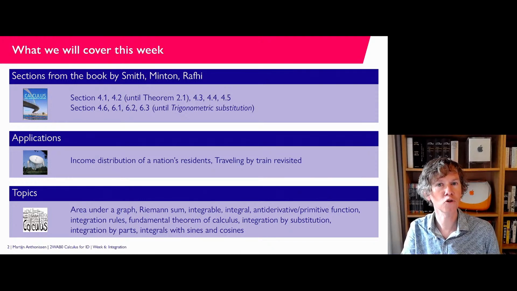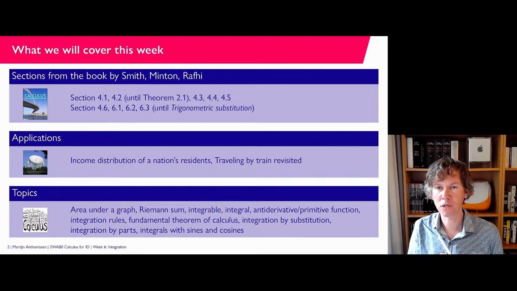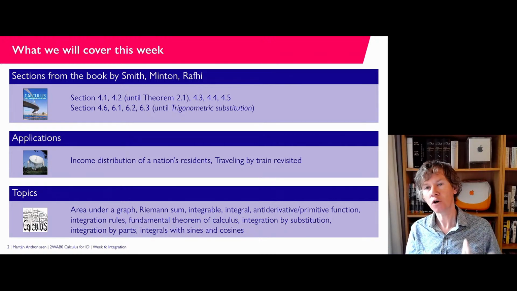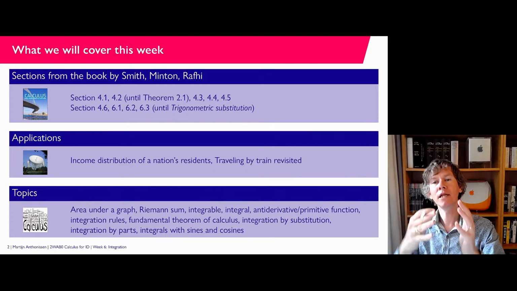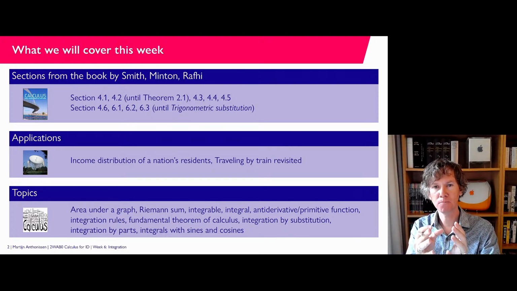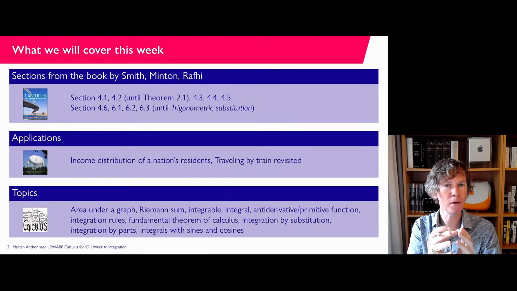So they make the financial plans. And in those financial plans, one of the important things that is considered every year is the income distribution. So how is the complete amount of money that is earned in the Netherlands distributed over the people?